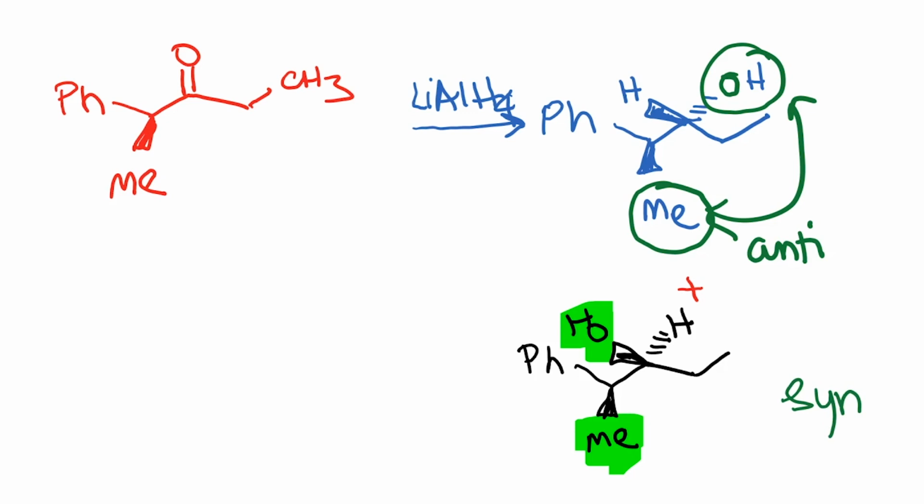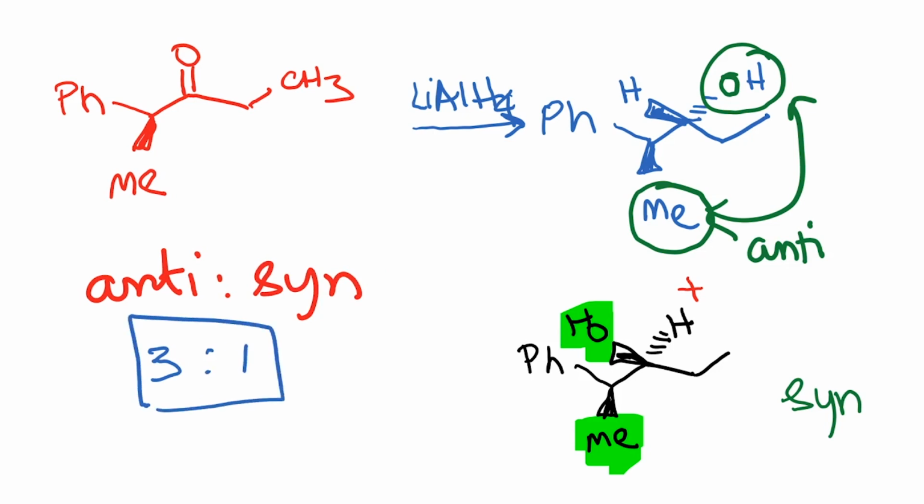The only catch here is that the ratio of these two products that are formed is not 1:1. Based on the previous experience, we would expect a 1:1 ratio, but you actually end up with a 3:1 ratio of anti to syn.